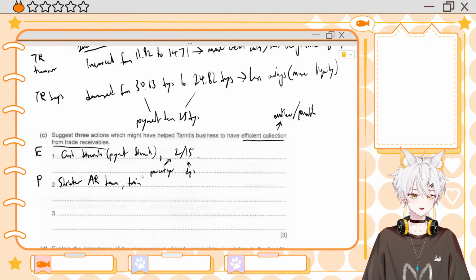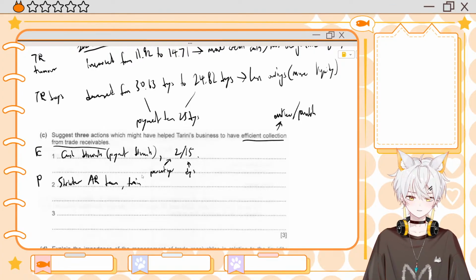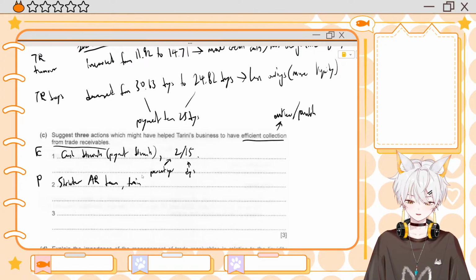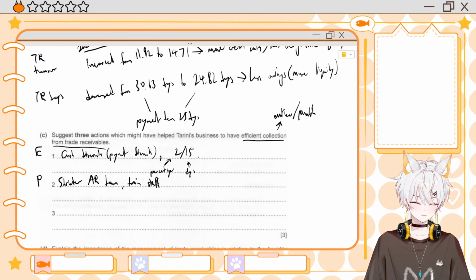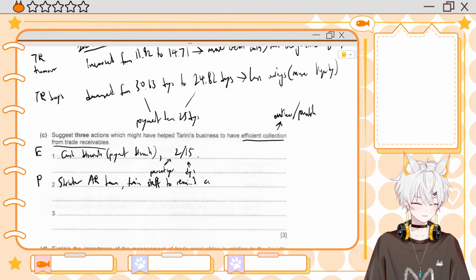So they become more persistent in calling up their customers to ask them to pay. You also have maybe more efficient tracking, all that stuff, to make sure that they pay on time, to remind customers to pay.